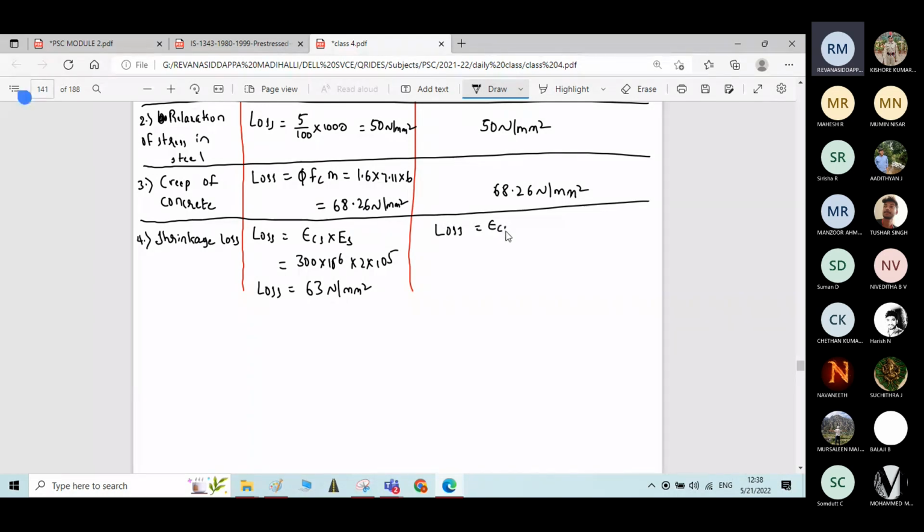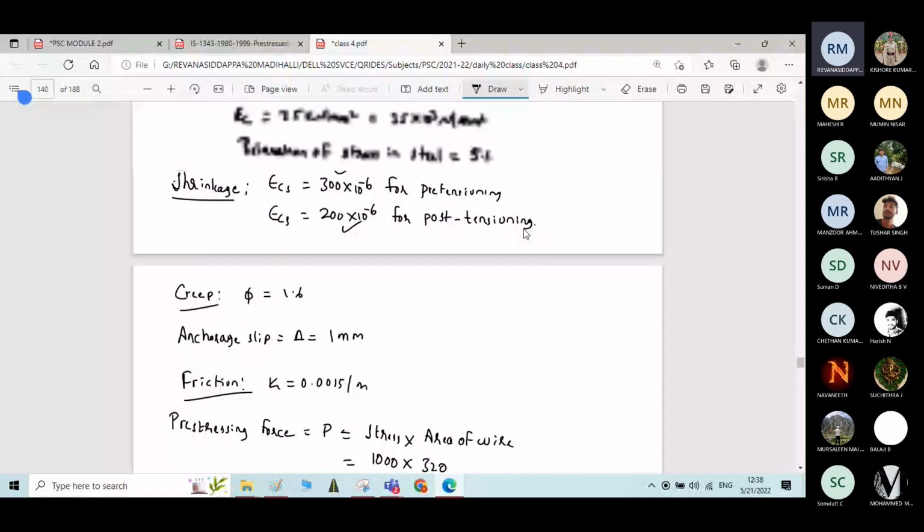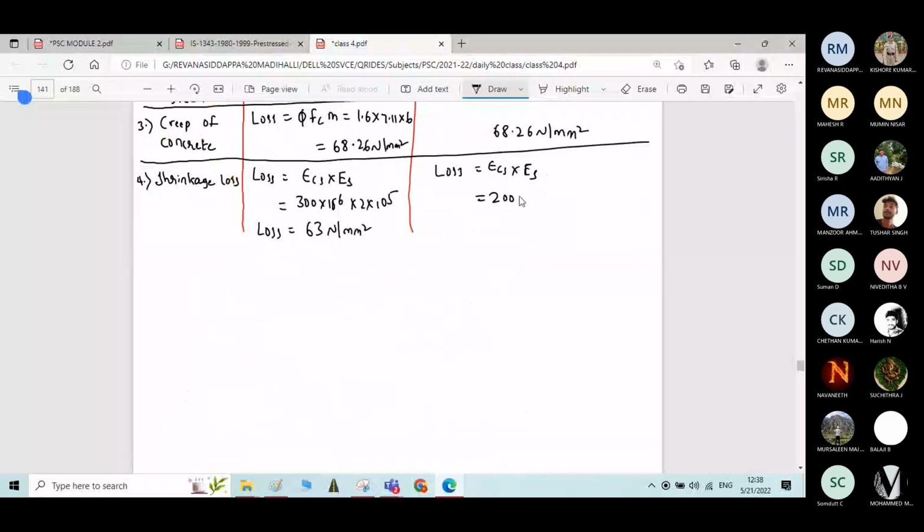Multiplying by 210 into 10 power 3, we get the loss as 42 Newton per mm square.